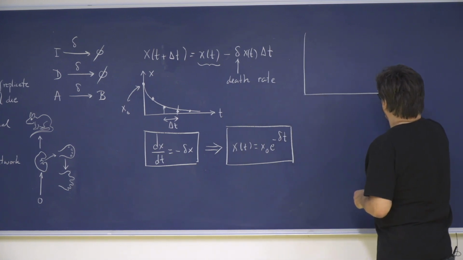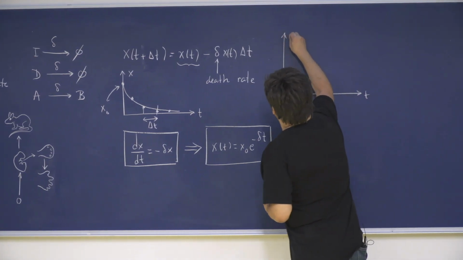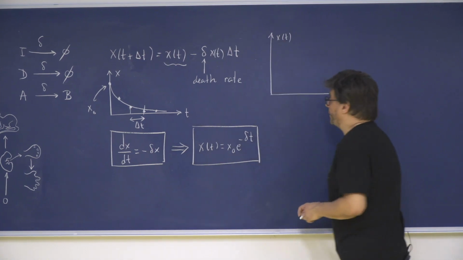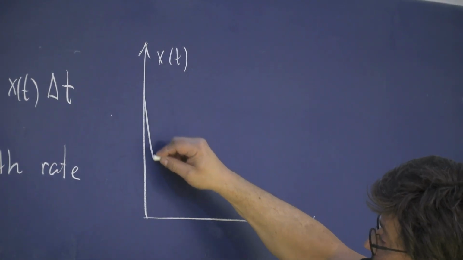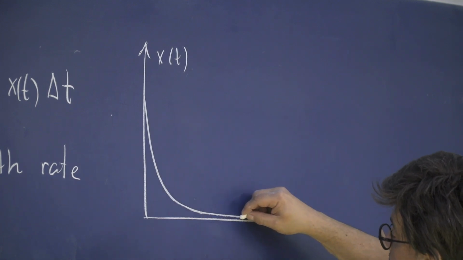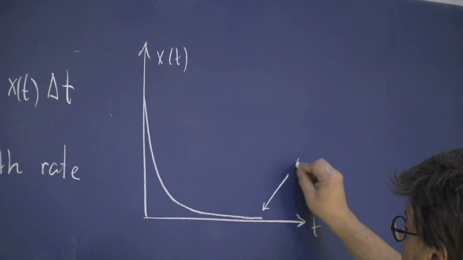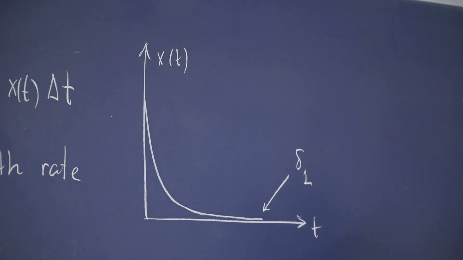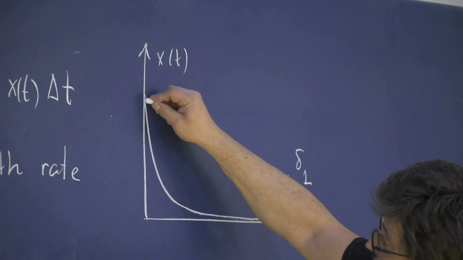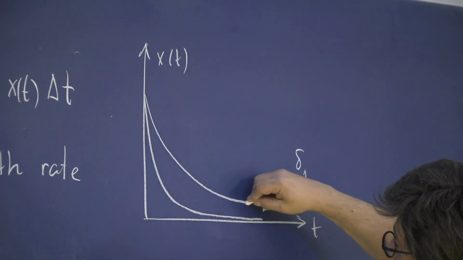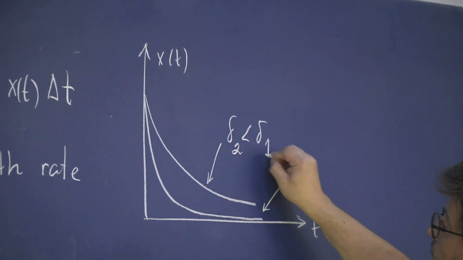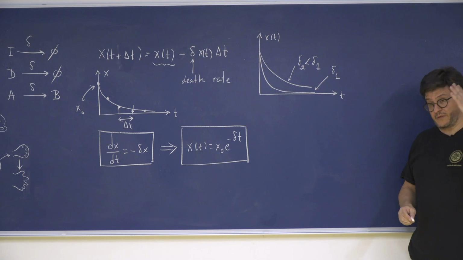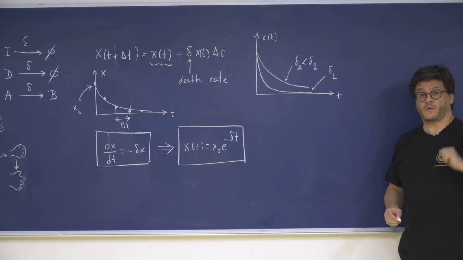All right? If delta is large, this is going to happen very quickly. Say this is delta 1. For a smaller delta, let's say delta 2, decay is going to happen with the same kind of shape, but at a slower rate.